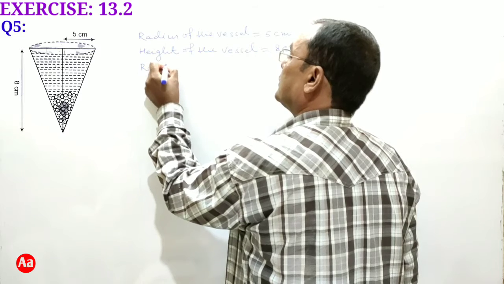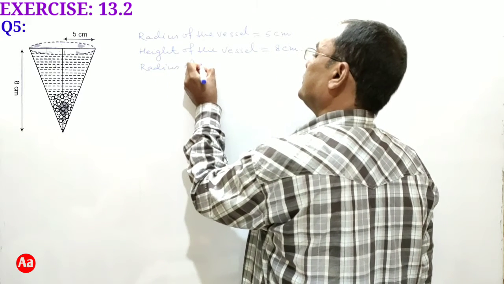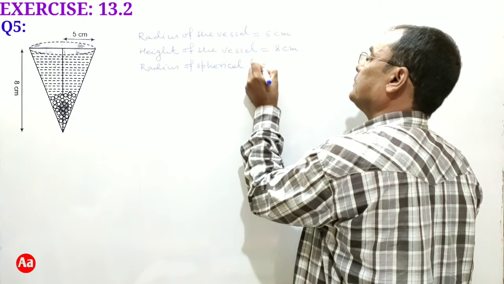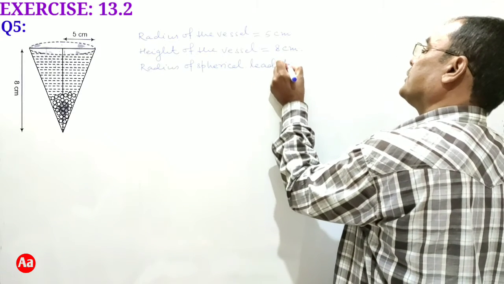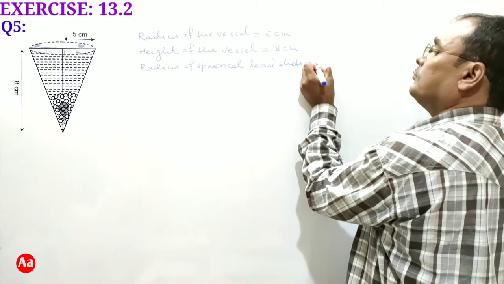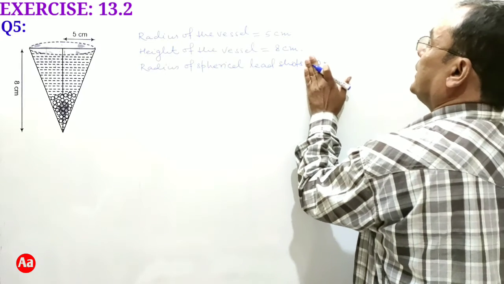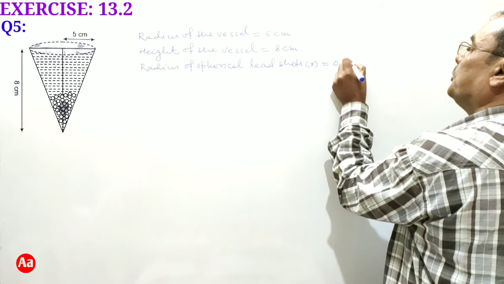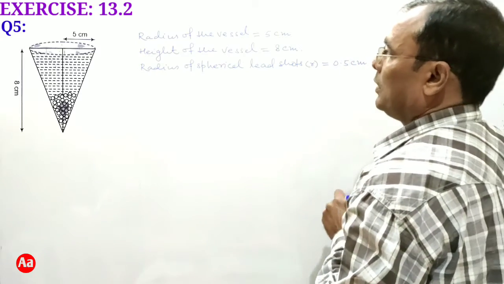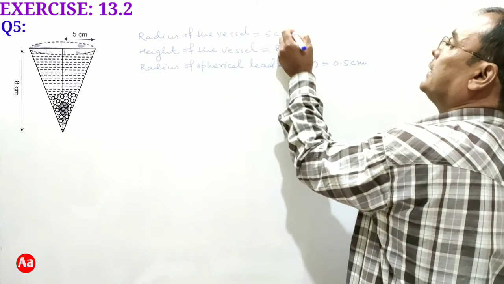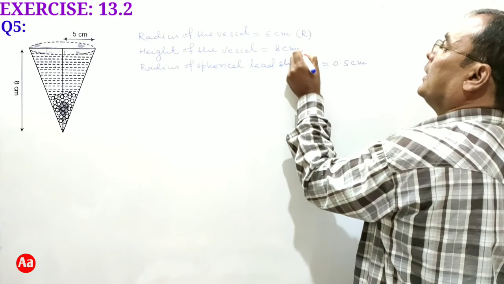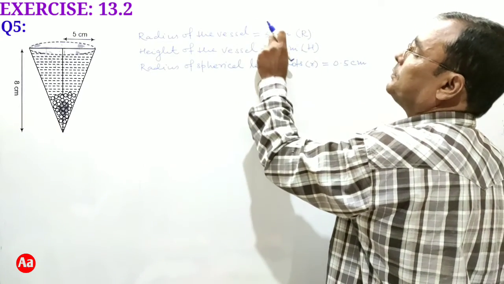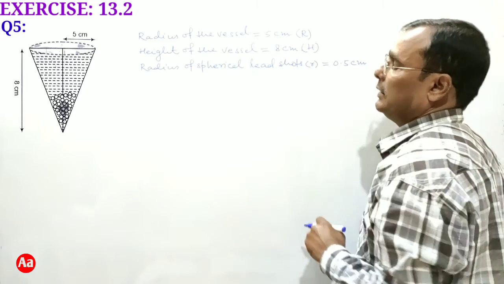Radius of spherical lead shots, let us write it small r, 0.5 centimeter. And this radius of the vessel, let us denote it by capital R and this by capital H. Capital R radius of the vessel, capital H height of the vessel.